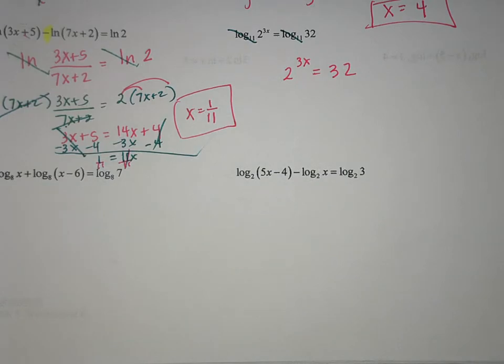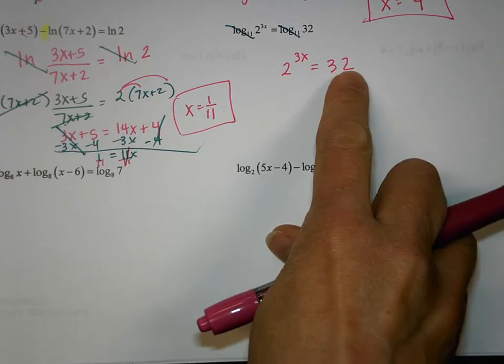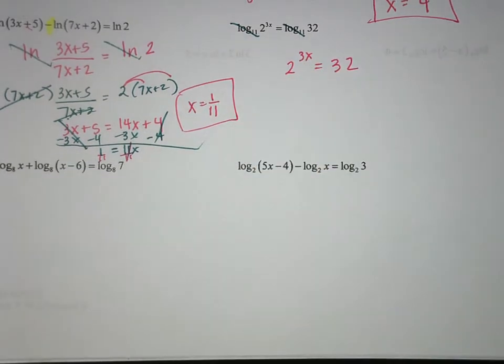Now, what do you remember about this? How can we solve this? Yeah, you want the same base. Very good. Can I change 32 to be base 2? So 32 is what? Good.